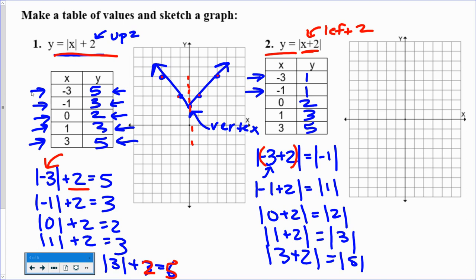So then I'll plot my points. So -3, 1, -1, 1, and 0, 2, 1, 3, and 3, 5.